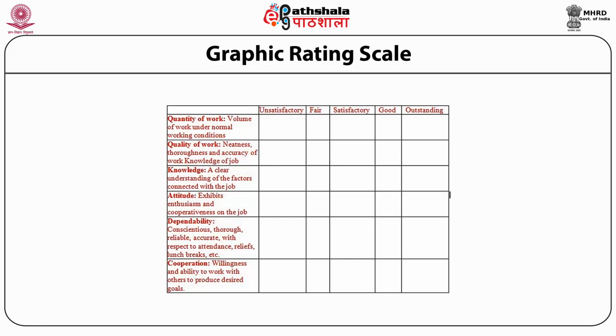In the last point we can see the cooperation, how much he is cooperating, that is the willingness and ability to work with others to produce desired goals. In the same way we can rate on this. So this is a good method of rating or doing performance appraisal.